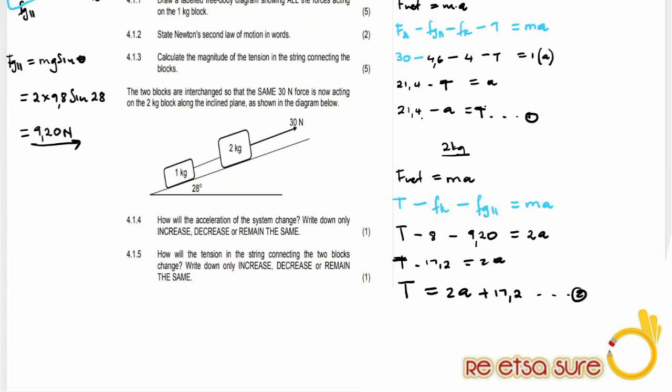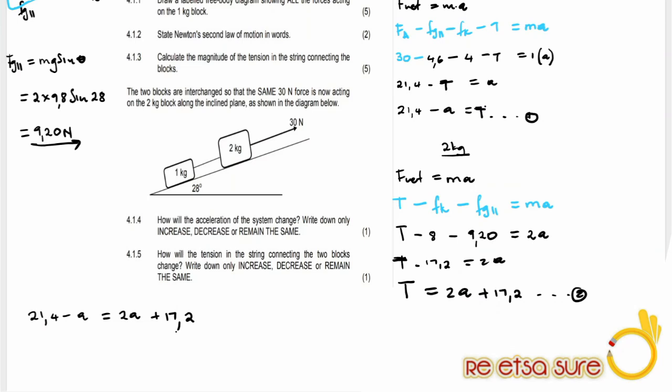Both 21,4 minus a and 2a plus 17,2 are equal to T. So for now, 21,4 minus a is equal to 2a plus 17,2. So we are in a position of calculating the value of a.